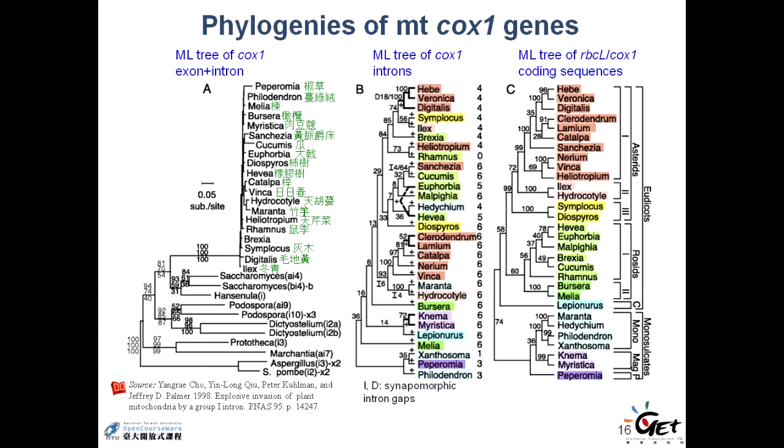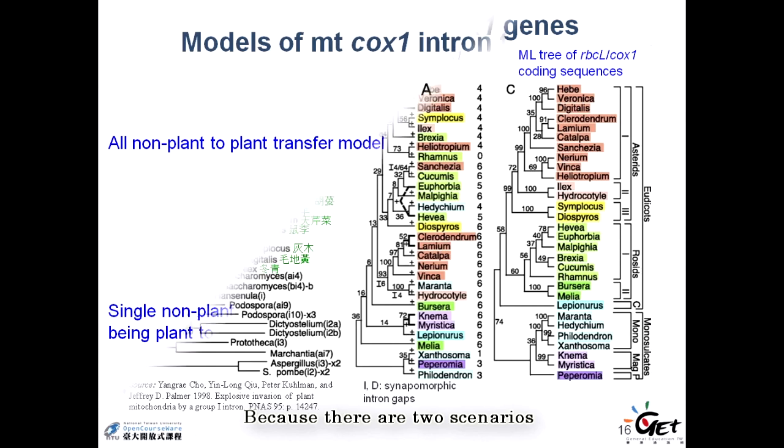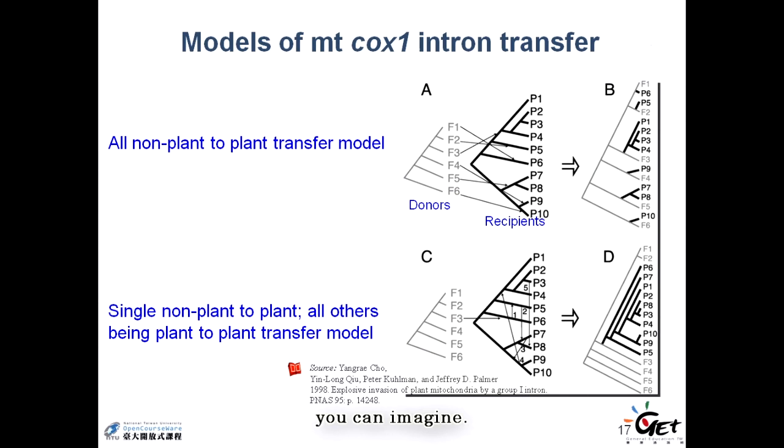A piece of gene sequence was transferred between those distantly related taxa. That's the easiest explanation, because there are two scenarios you can imagine. If this piece of DNA, the COX-1 intron, was transferred from non-plant to plant, then the phylogeny will probably look like this one.